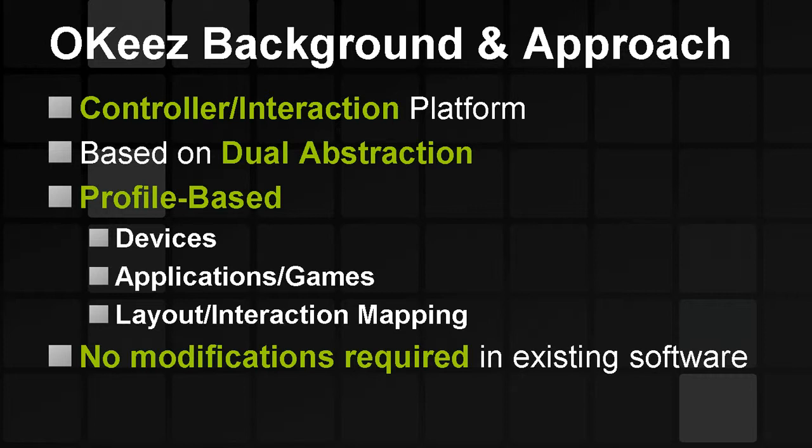Now, the key thing for this video that you really need to keep in mind is that the objective of this controller interaction platform is that the software that we are going to interact with or control will not have to be modified in any way. So this principle is designed to work with existing software.